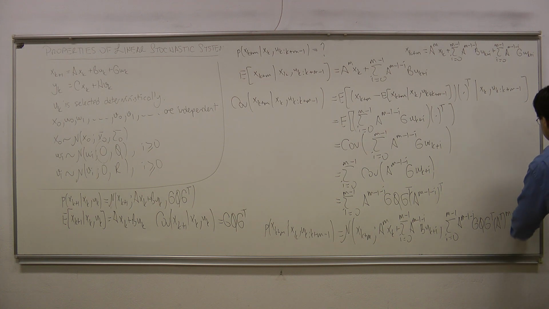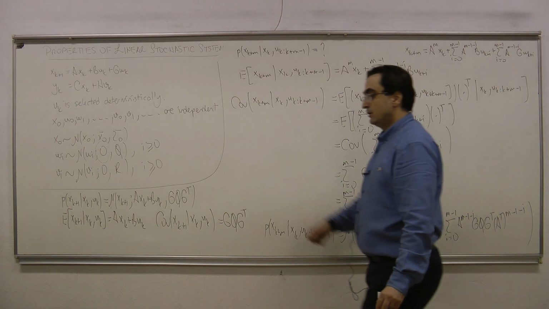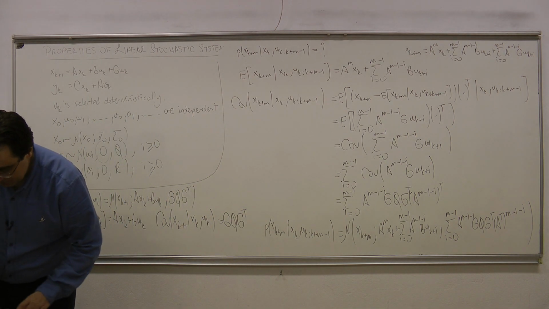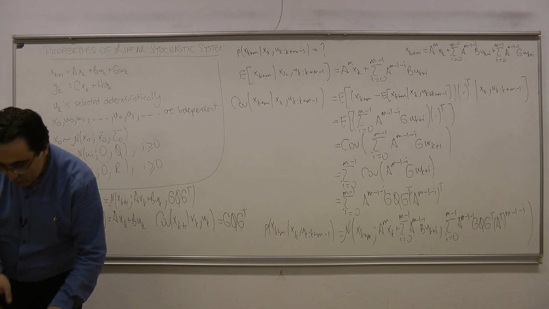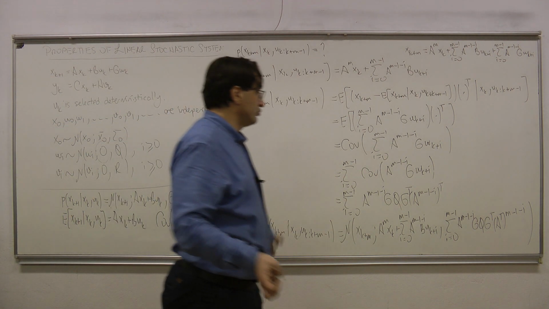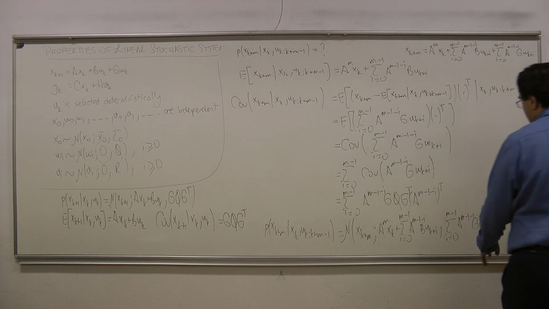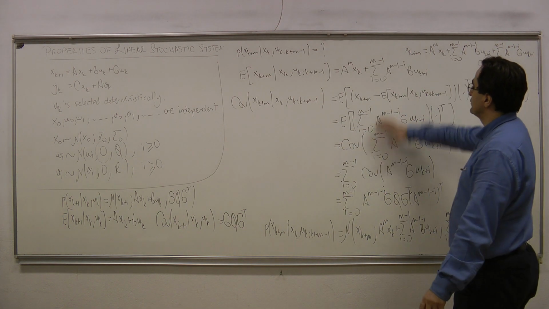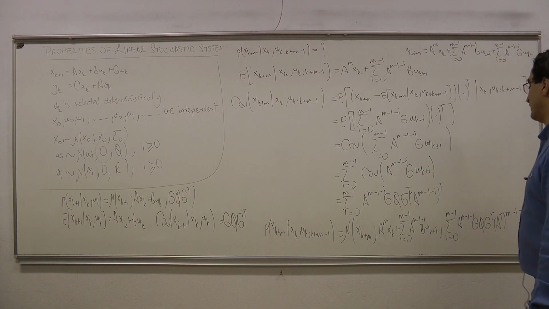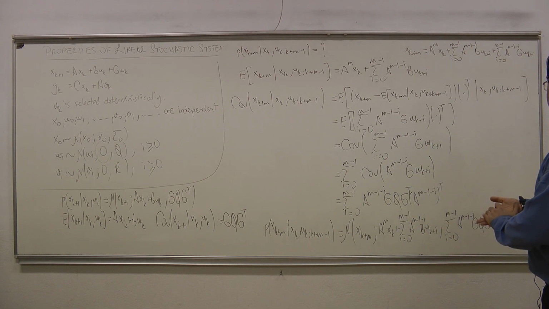Okay? And this is going to be just this Gaussian distribution. So here, as I told you over and over, we don't require Gaussianity for these two expressions, but this last expression, of course, requires Gaussianity.